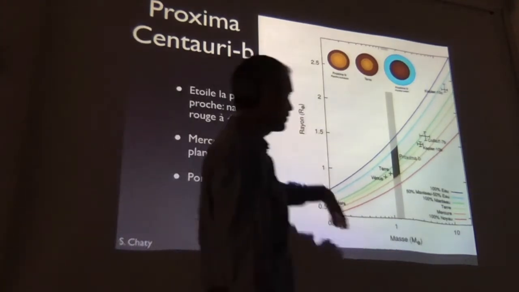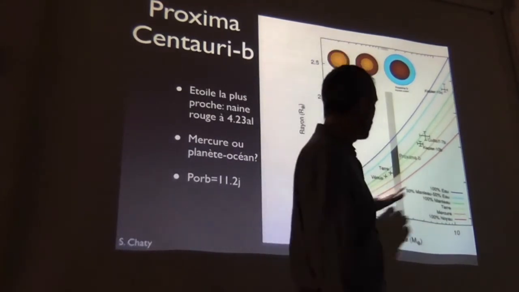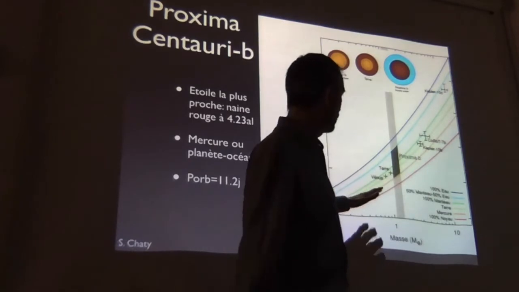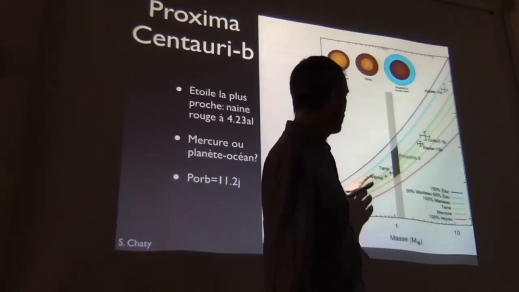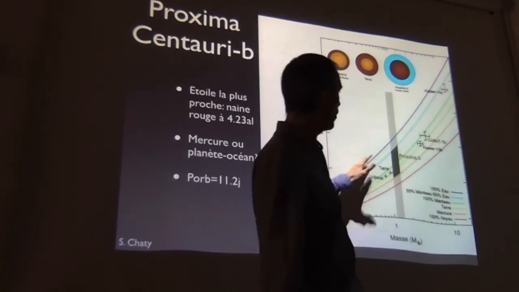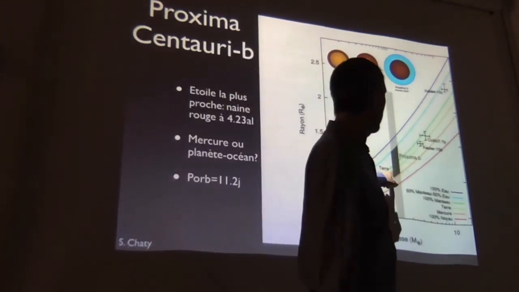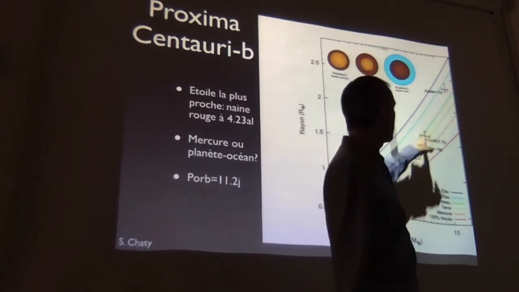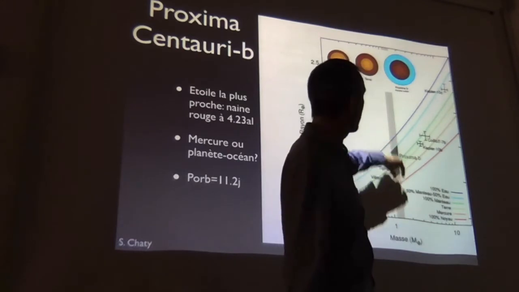This is the radius versus the mass. So again, you have different models: 100% core, this is Mercury type, Earth type, 100% mantle, 50% mantle, 50% water, and 100% water. So this is Venus, Earth, some Kepler planets, and here you have Proxima b.